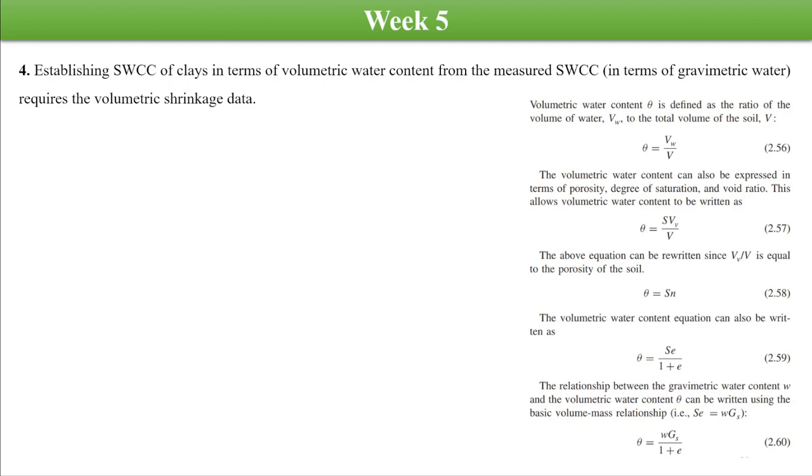So if we see the expression of volumetric water content, that is going to be the volume of the water over the total volume of the soil. Okay, and if we calculate the volume of the water in terms of the degree of saturation, that is the volume of the water upon the volume of the void. So the volume of the water will be S times the volume of the void, divided by the total volume.